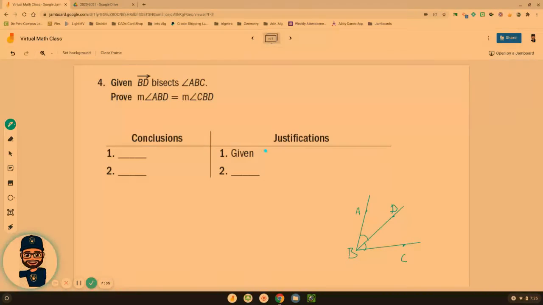So what do we start out with? Well, if the justification is given, we need to rewrite that as a conclusion. Ray BD bisects angle ABC. We are assuming this to be true because it's given.